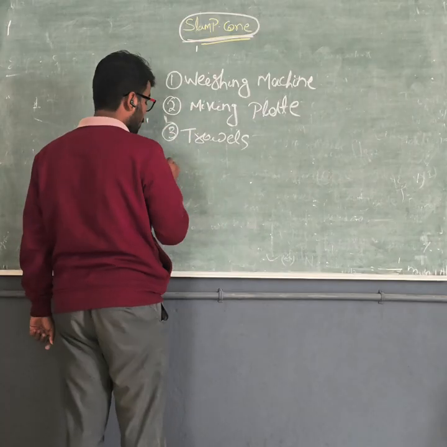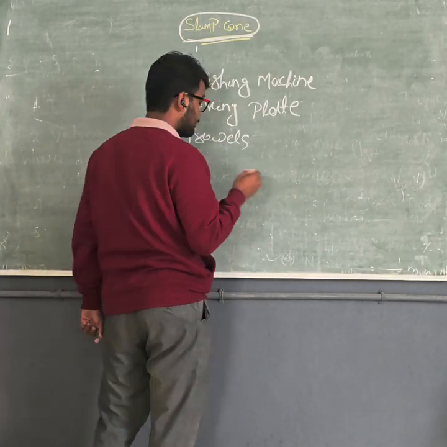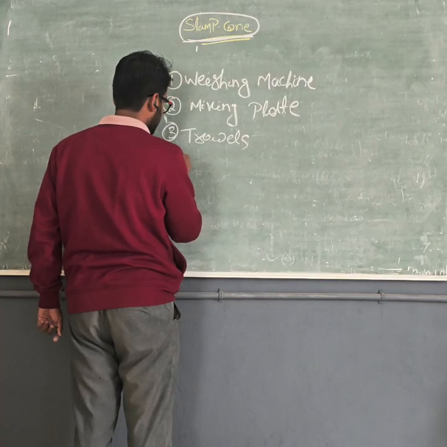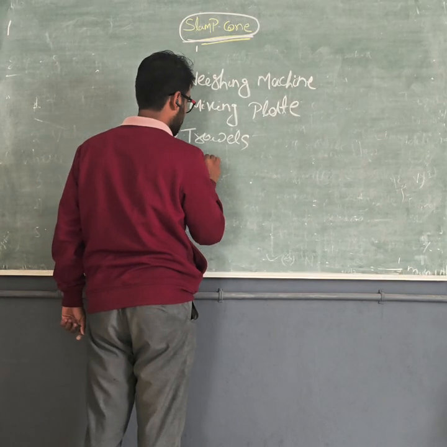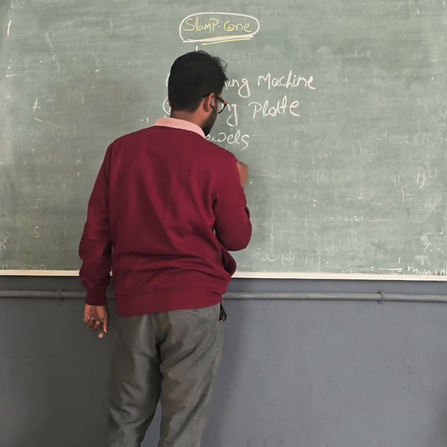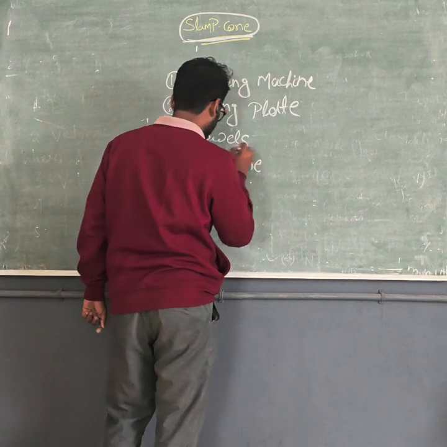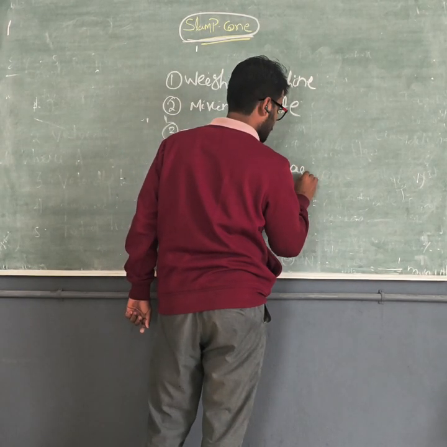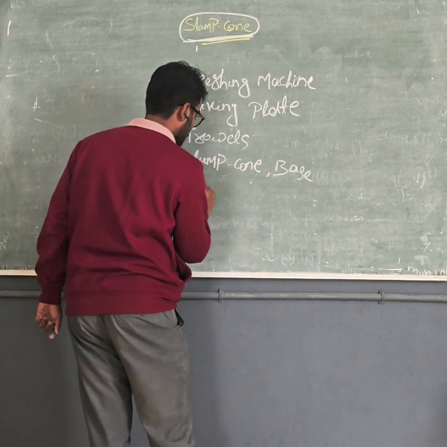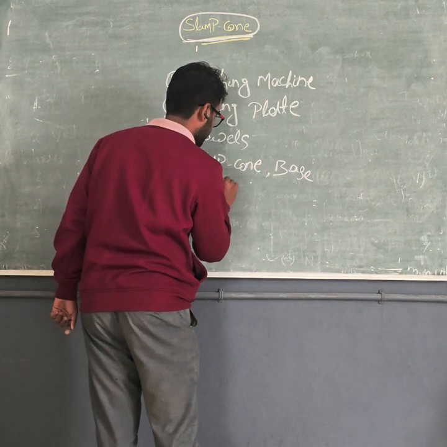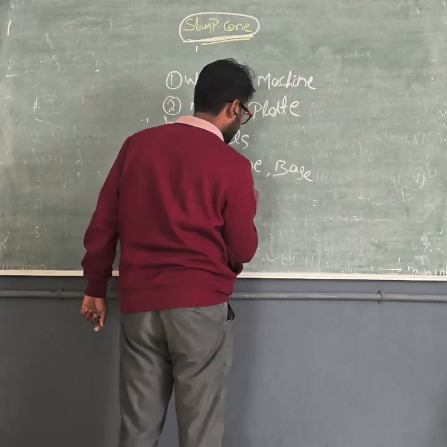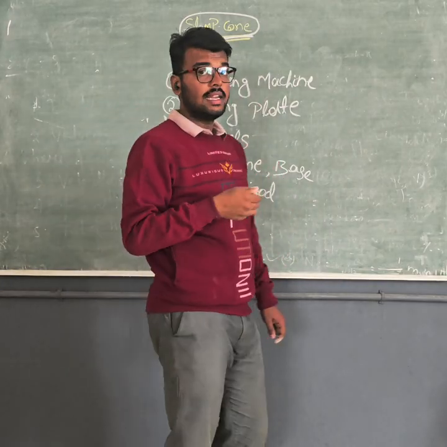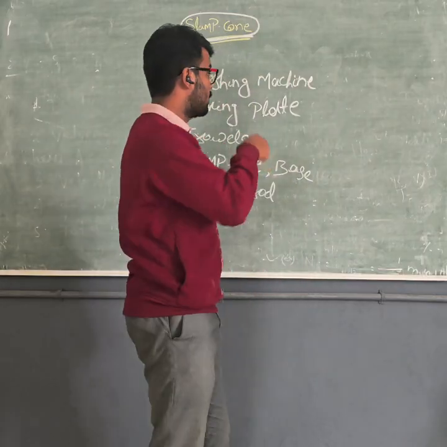The most important apparatus in this test is the slump cone, with its base and the tamping rod. This is the apparatus we require for our slump cone test.